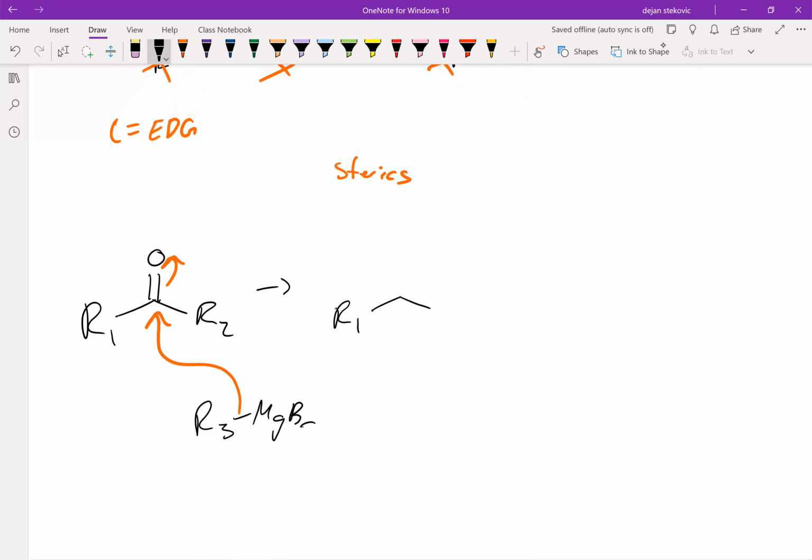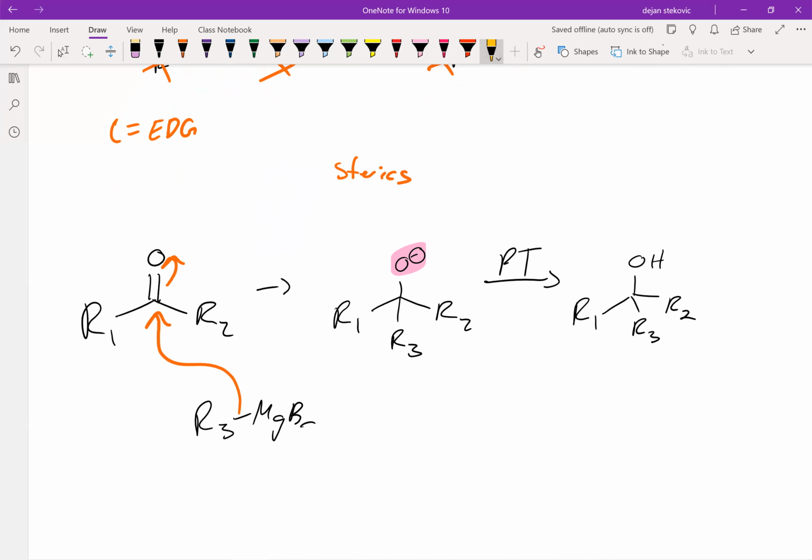And then we're always going to kick up our pi bond to make this oxygen have a negative charge. After that, we do an aqueous workup, so there'll be a proton transfer, and thus transforming our ketone in this case to an alcohol. Of course, we can attack from either face of the ketone, so you do get a racemic mixture here.